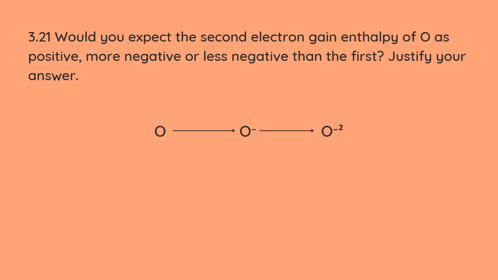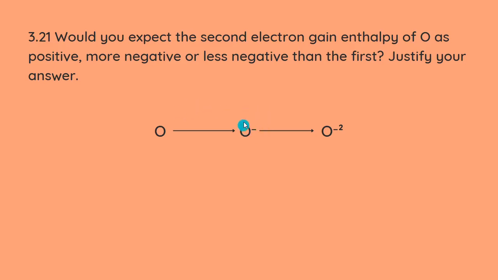The second electron gain enthalpy of oxygen would be positive because after an electron is added, there will be Coulombic repulsion, and energy has to be supplied to overcome this repulsion. So because of that, the electron gain enthalpy of oxygen will be more positive.